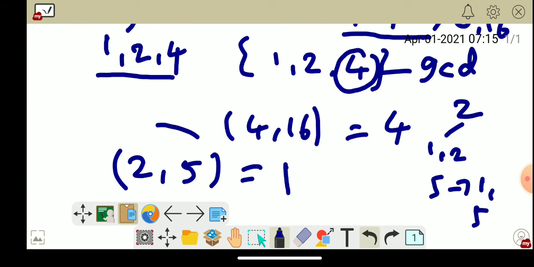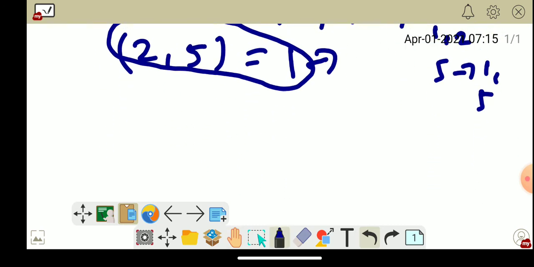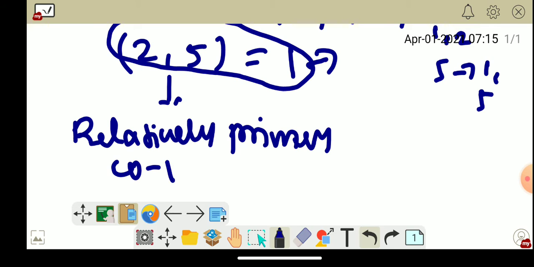If the GCD of any two numbers is 1, then we say these two numbers are called relatively prime or co-prime.